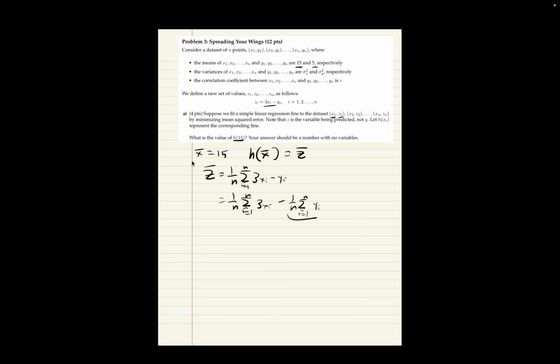And this term right here is just the mean of the y's. And then if we pull out the 3 here, that's just going to be 3 times the mean of the x's. We plug in the values for the mean of the x's and the mean of the y's, giving us a prediction of 40.